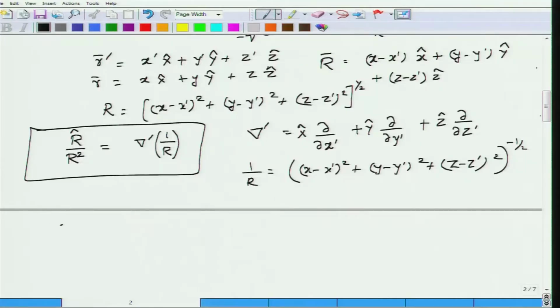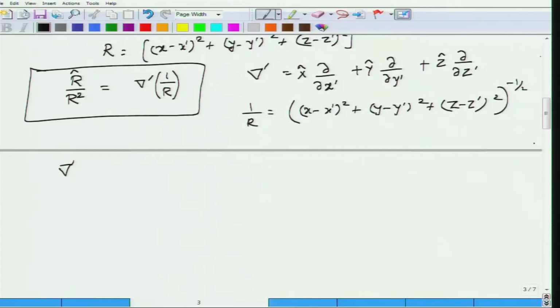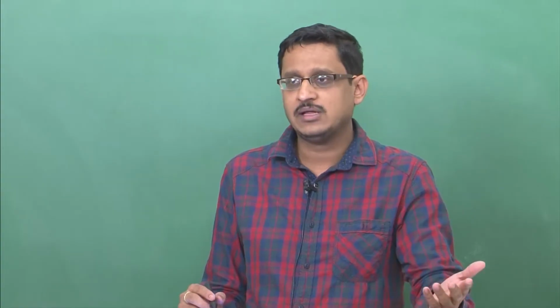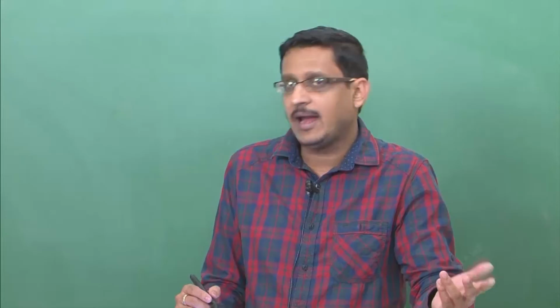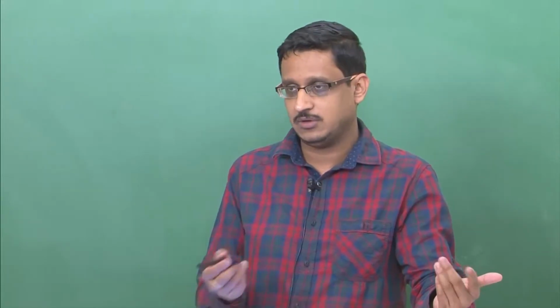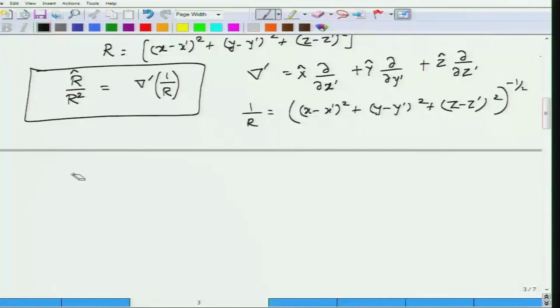And now applying the gradient operation, let us first apply only del by del x prime. Let us differentiate this one with respect to x prime and find the resultant expression, and we will be able to find the expressions for del by del y prime and del by del z prime very easily, right. So what do I get if I differentiate this with respect to x prime?